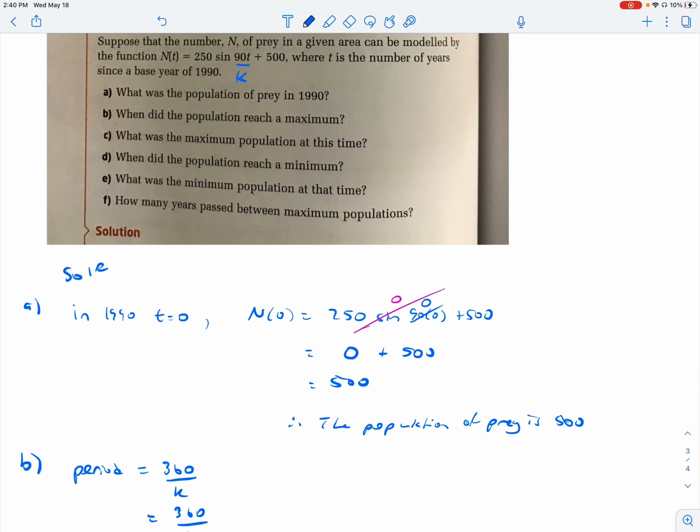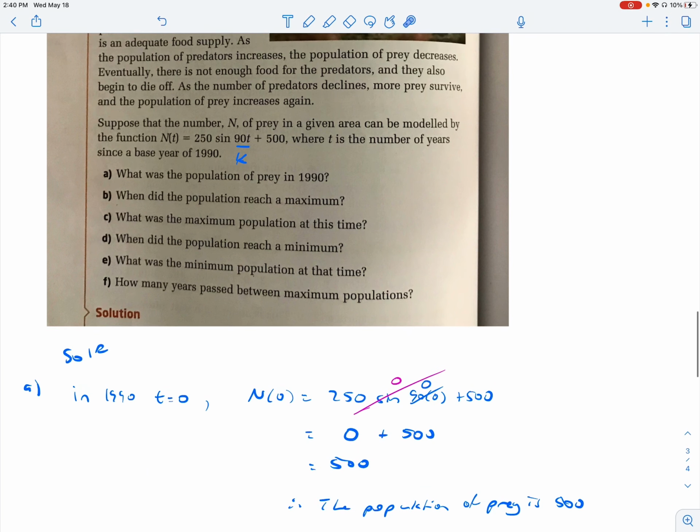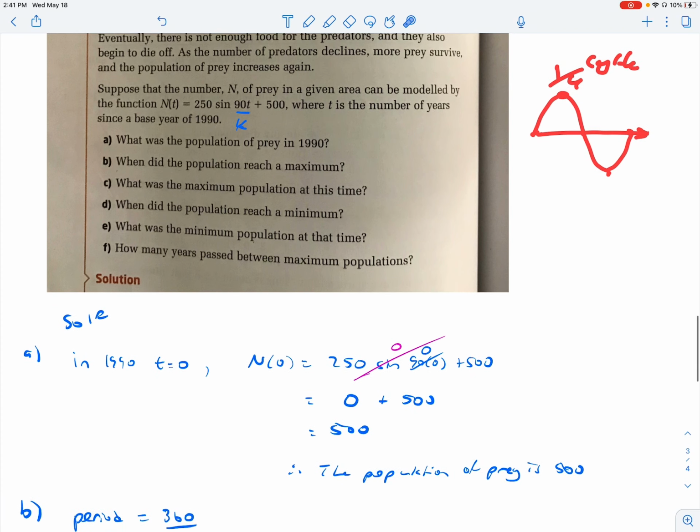So if we think about this sine graph, it's beginning at 500. Remember how our points start at the center line, they go to a maximum, back to the center line, then minimum, then back to the center line to get this nice curve. So this maximum occurs at a quarter way through the cycle. That's at 1/4 of a cycle, or 1/4 of a period.